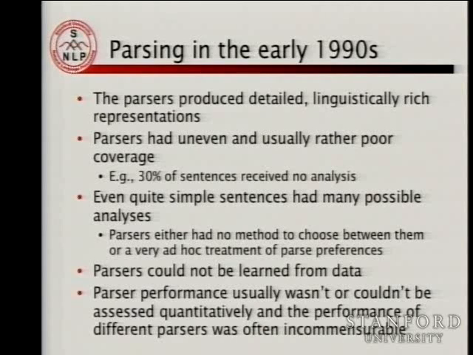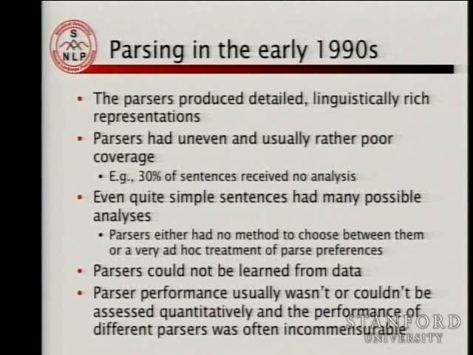On the flip side, when sentences could be parsed by the grammar, normally sentences would have many parses. And most of these parsers actually had no good way of dealing with that. Some of them had literally no way of dealing with that and said this sentence has 1,027 parses, and others would use various kinds of heuristic and ad hoc rules to favor certain kinds of analyses over others.